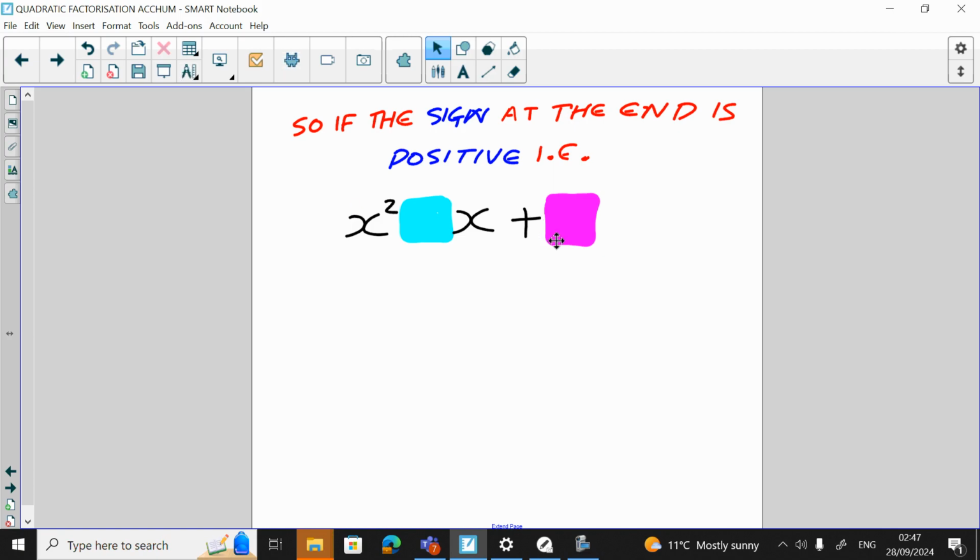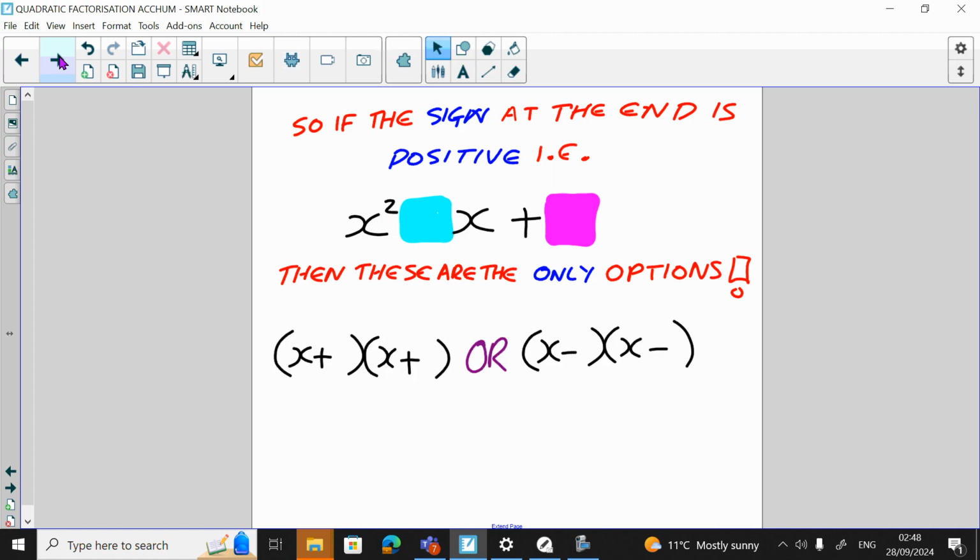The only scenario upon the factorisation, the decomposition, whatever you want to call it, has to be the following. x plus, or x minus, they are the only two possibilities, because you need a positive and a positive to give you a positive, or a negative and a negative to give you a positive. They are the only two options. We don't speak about zero.